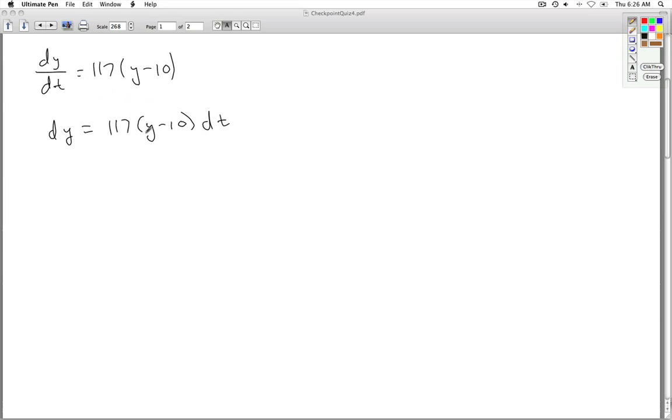This is actually the definition of differential, but a lot of students like to imagine it's just multiplying both sides by dt. Well, in order to separate variables, I need all the y's on one side, all the t's on the other. So I'm going to divide both sides by y - 10. And this gives me 11/7 dt.